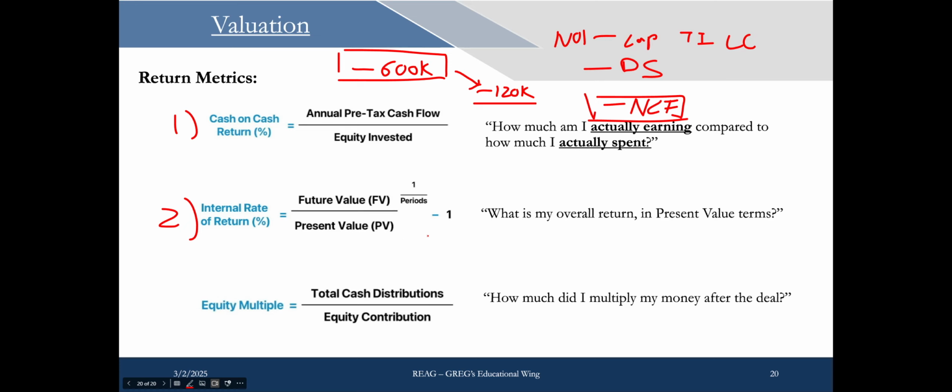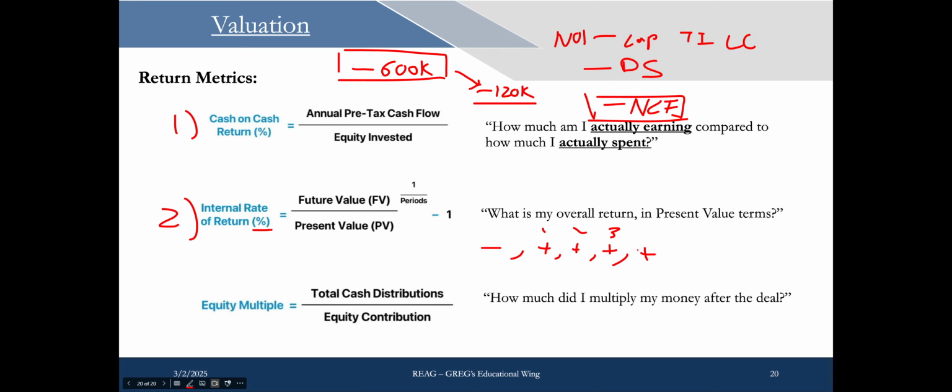The second one is IRR, overall over the entire investment horizon through the years. What is my return in terms of a percentage value of the project, right? So I have my initial cash outflow, and then I have my cash flows, pretend this is year 0, 1, 2, 3, and then my property sale, right?